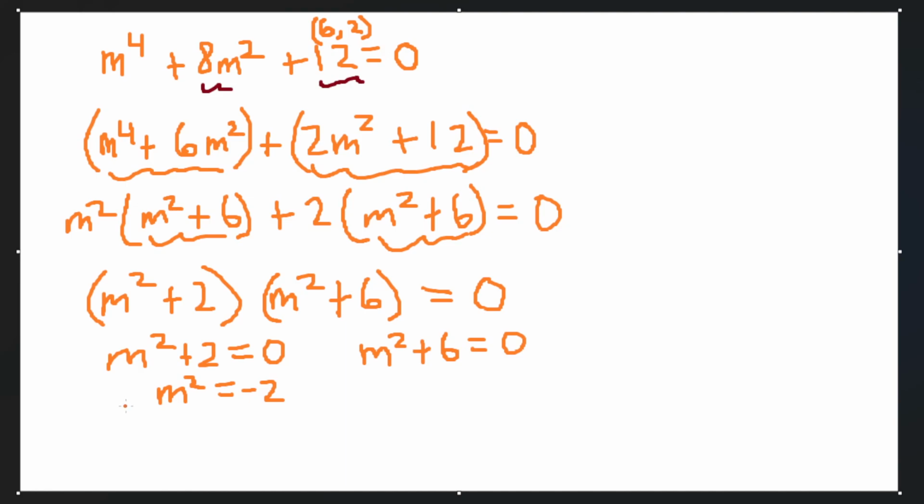Then we take the square root to get rid of the m squared. We'll have m equal to plus or minus the square root of negative 2, or you could say it's equal to plus or minus i times the square root of 2.